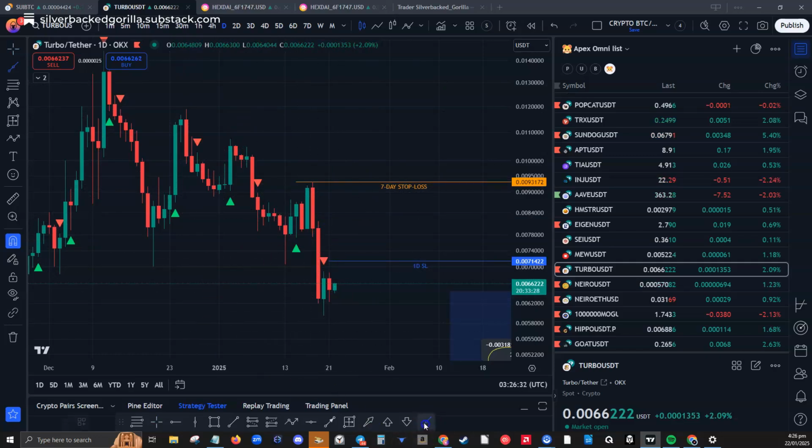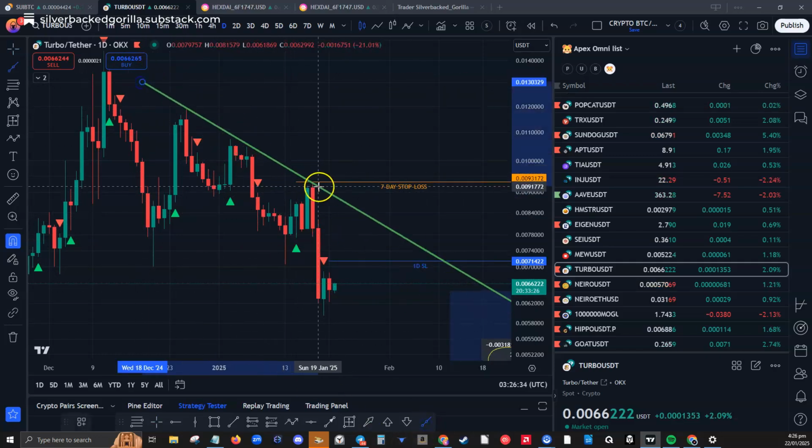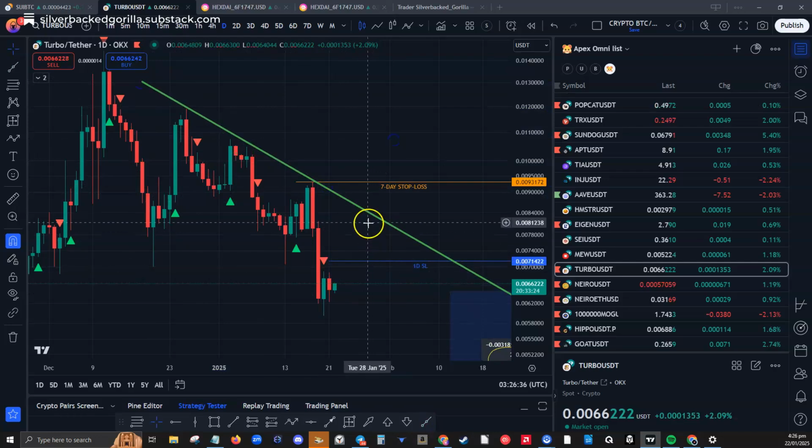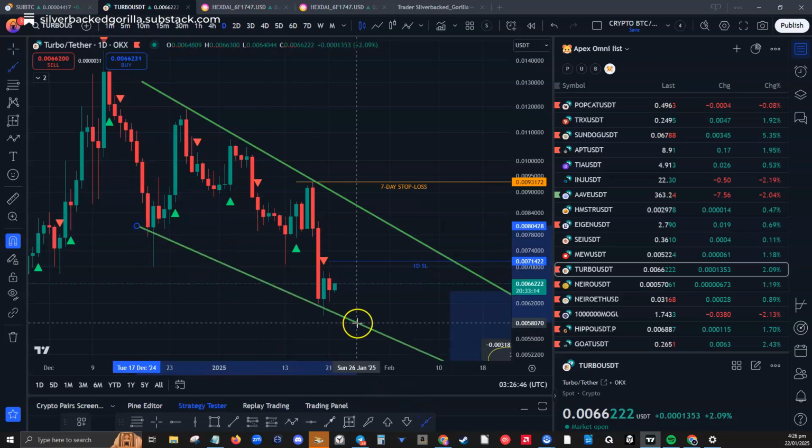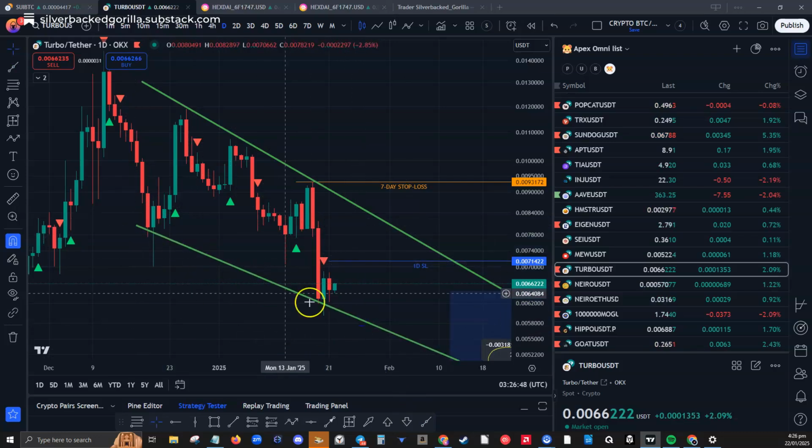We've got the potential to see this come up and retest this for another lower high before it goes down. There's nothing much going on at the bottom of this. It's sort of like a falling wedge, and one of these taps up here is probably going to resolve to the upside.